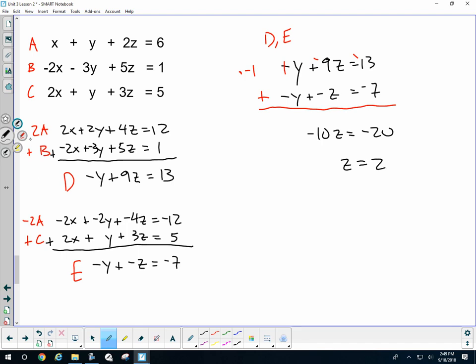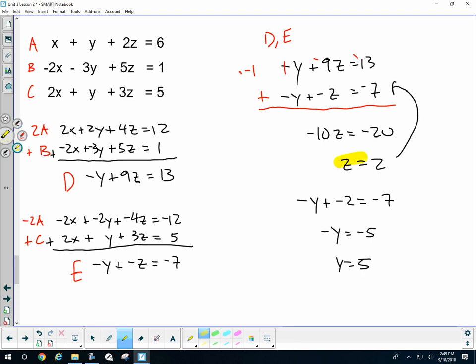I get Z. From that, I'll be able to get Y. And I can use Z and Y to find X in any of these three.